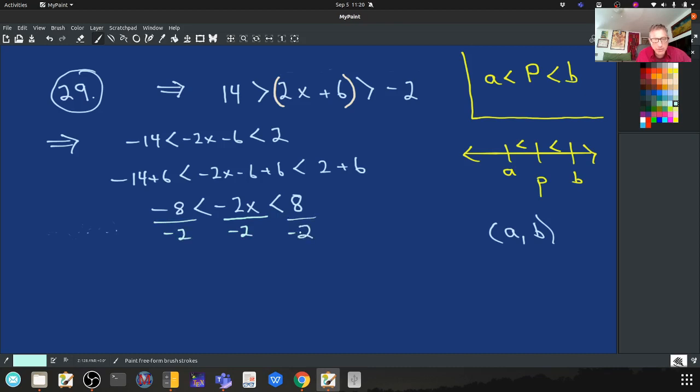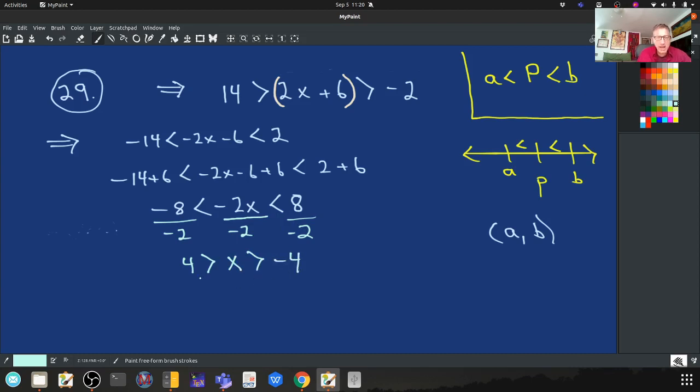And by doing so, that means I have to flip the signs back. So minus 8 divided by minus 2 is 4. Flip the sign. Minus 2x divided by minus 2 is x. And 8 divided by minus 2 is minus 4.